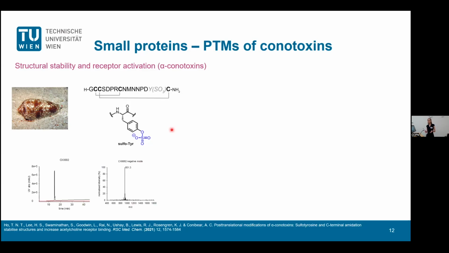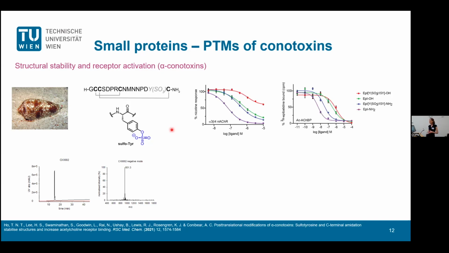And then we could make all the different variants with and without sulfation, with and without amidation, to see what these modifications are doing in terms of the structure and function of the peptide. So we first of all tested their activities on a nicotinic acetylcholine receptor, which this one is active at.